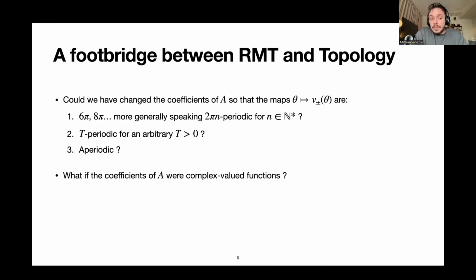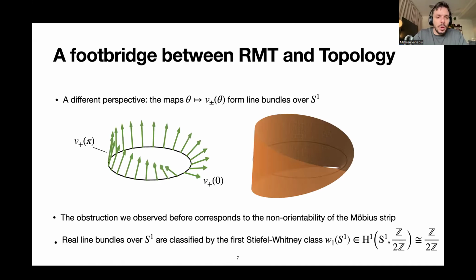You might also wonder what happens if, for example, the matrix was complex valued. It turns out that if you change your point of view, you can bring a fairly satisfying answer to that question. The collection of all eigenvectors for this matrix model over the unit circle forms what people sometimes refer to as a section of a vector bundle, which in that case is equivalent to the Mobius strip.